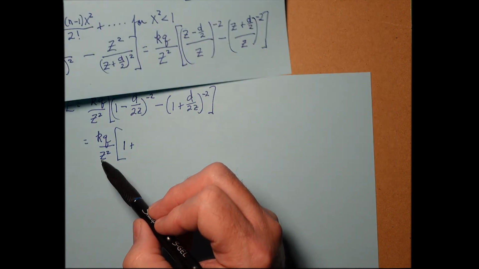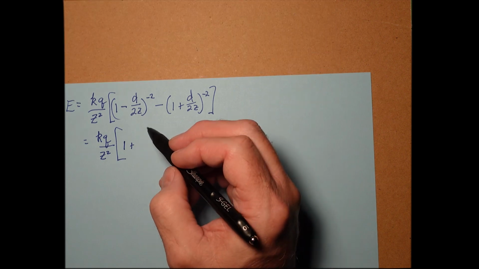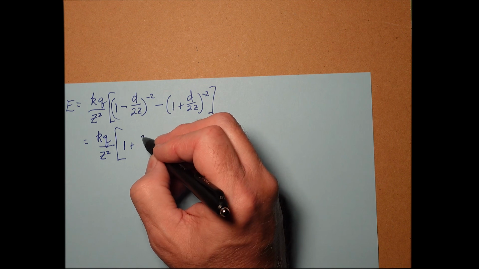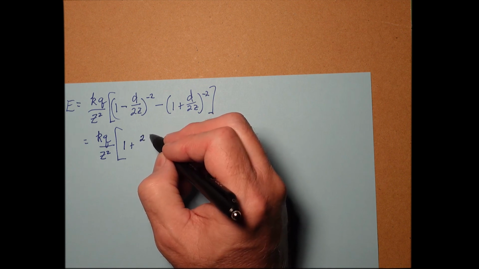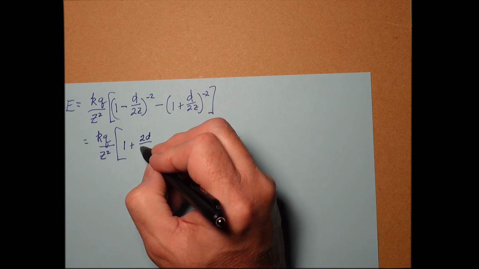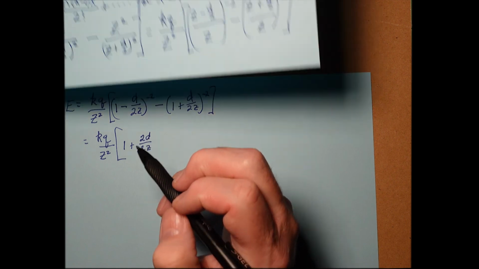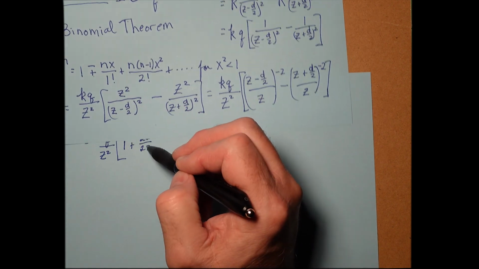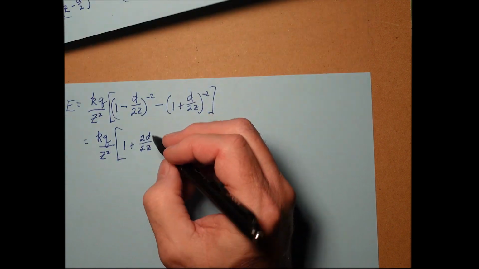And we have a negative sign here, so we'll have a plus sign here. And this is going to be n, which is 2, times x, and x is d over 2z, divided by 1 factorial, which is just 1. So that's this first term. Right there, we've written down the first term.